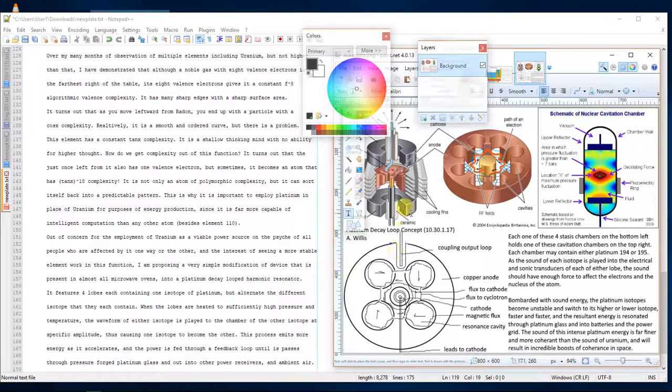It features 4 lobes containing one isotope of platinum 195, but alternates the different isotopes that they each contain. When the lobes are heated to sufficiently high pressure and temperature, the waveform of either isotope is played to the chamber of the other isotope at a specific amplitude, thus causing one isotope to become the other.